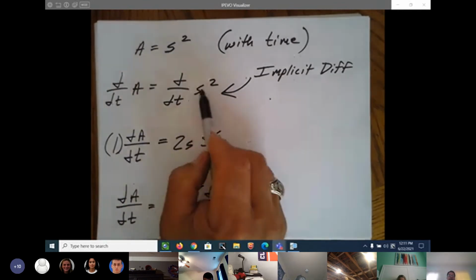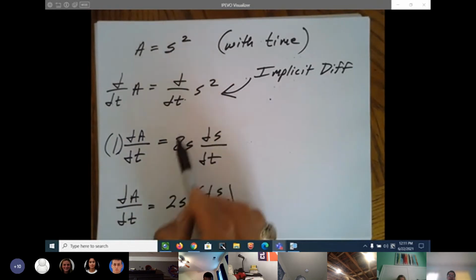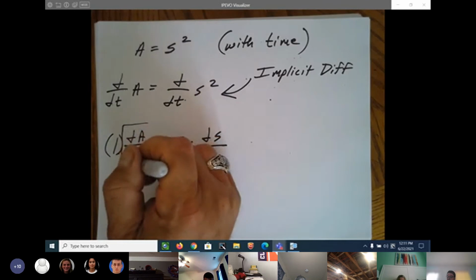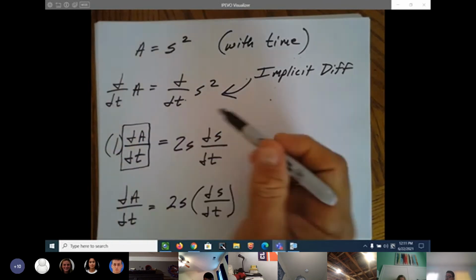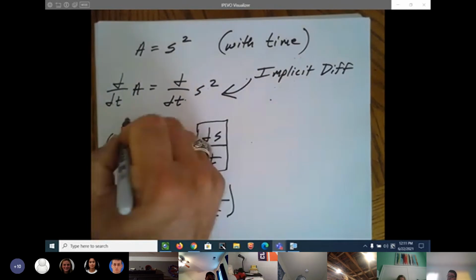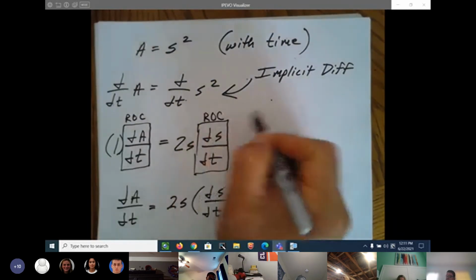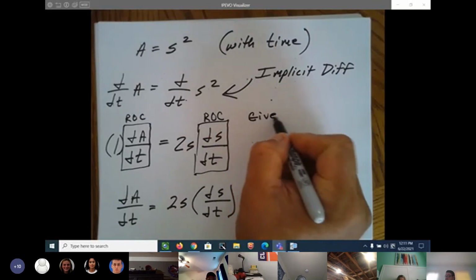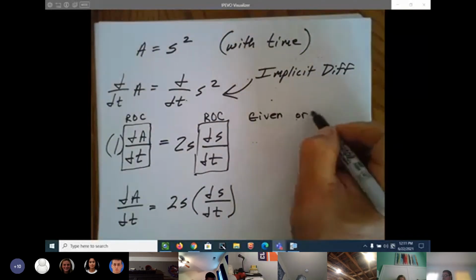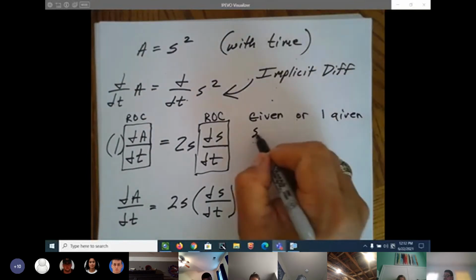The derivative of s squared with respect to t is 2s ds/dt. And what these are right here, what are these called? Rates of what? Change. Rates of change, and they will usually be given, or one will be given, and you solve for the other.